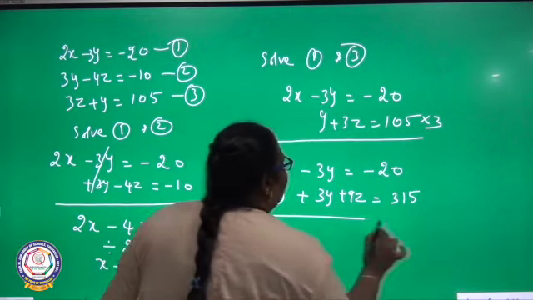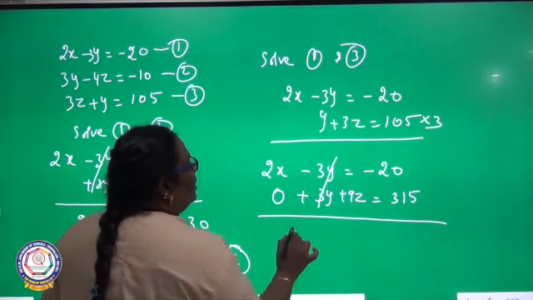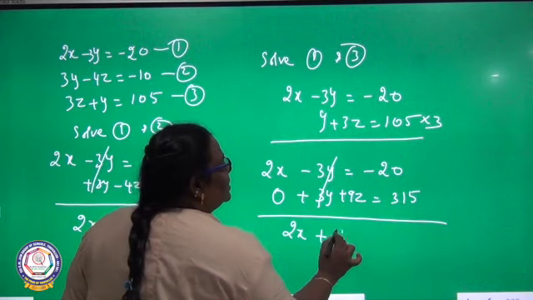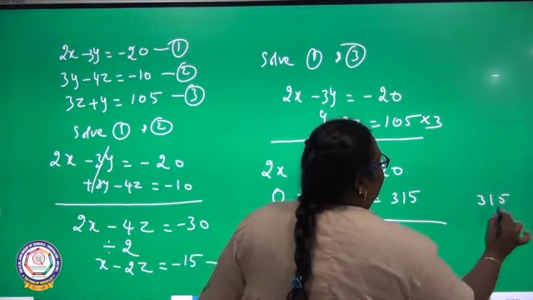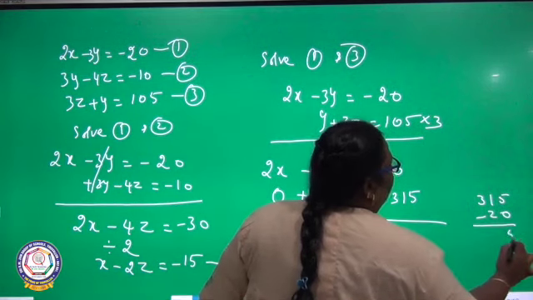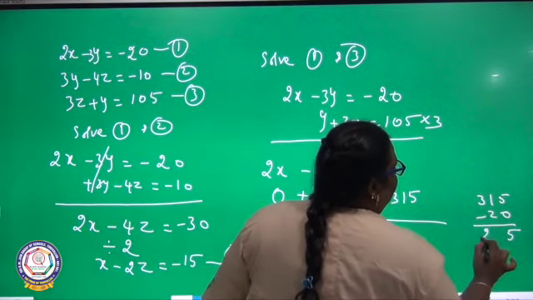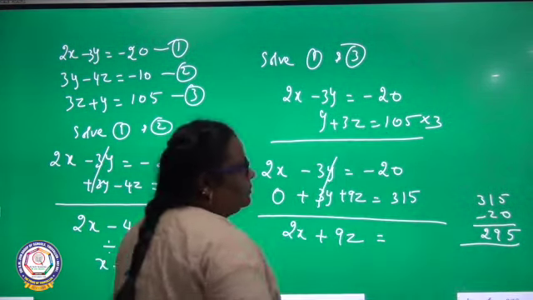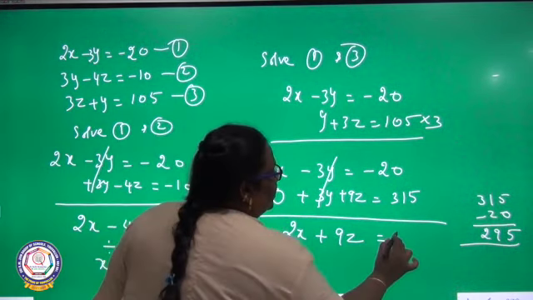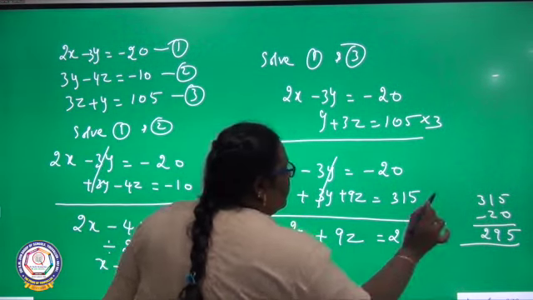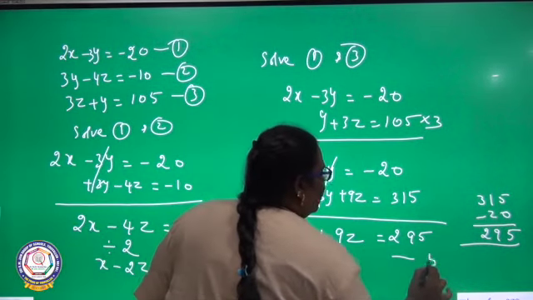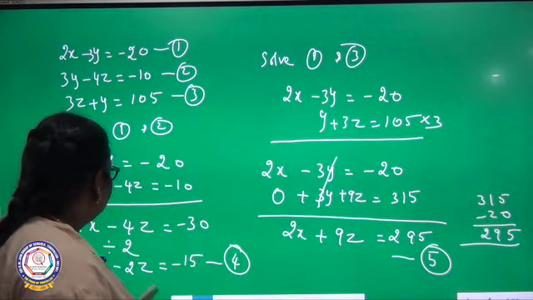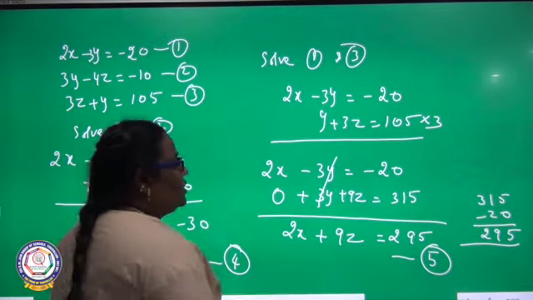Cancel the term: 2x plus 9z equal to 315 minus 20, which is 295. You can take this as the fifth equation. This is the fourth and this is the fifth equation.